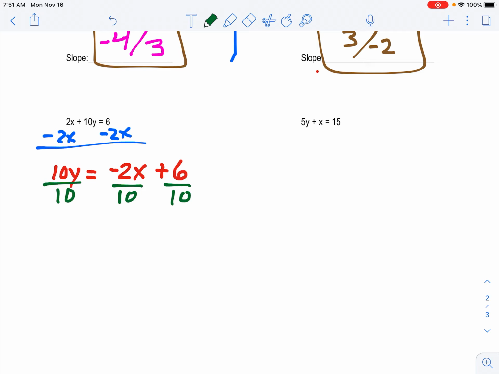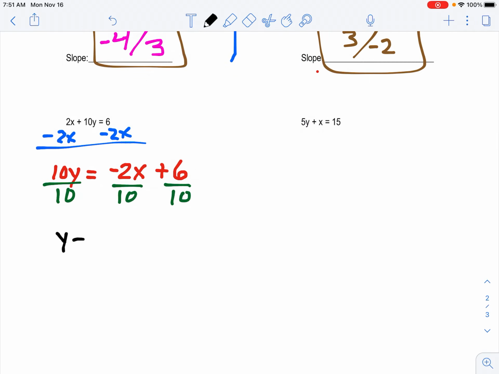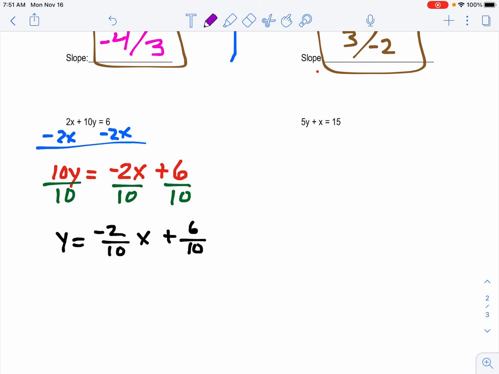Now here we go. I have y equals negative 2 over 10 x plus 6 over 10. They aren't perfectly divisible, so I can't just divide them prettily. However, I notice I can reduce this. I can divide both by 2, which would turn into negative 1 over 5x.